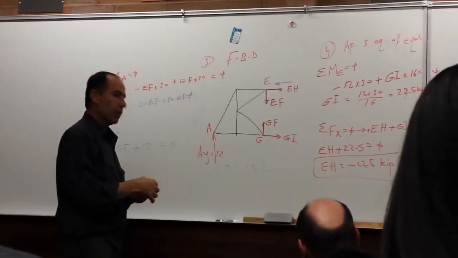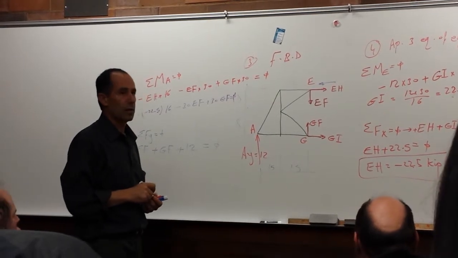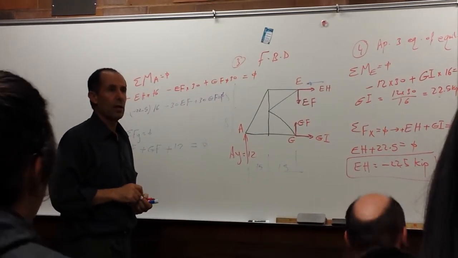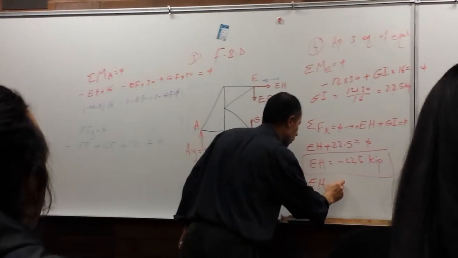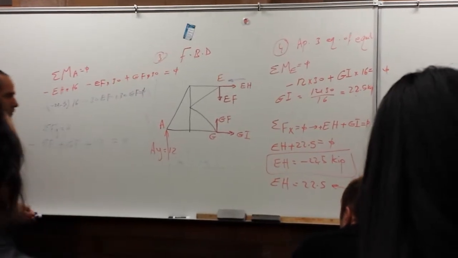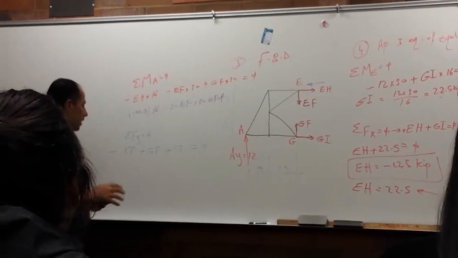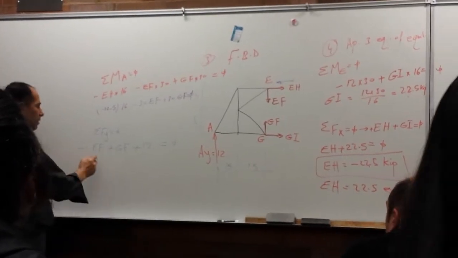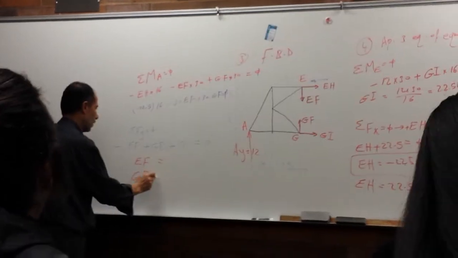Can you just leave that arrow pointing that way in the free body diagram, as long as you have that negative in the answer? Or you can get EH equals 22.5 in this direction. Oh, okay. Positive magnitude all the time. From these two equations, you get EF equal GF equal.